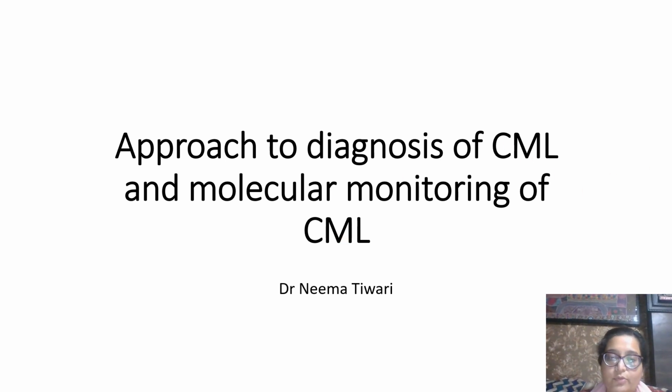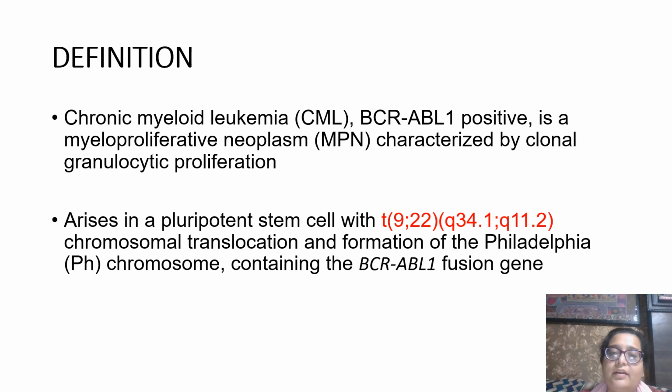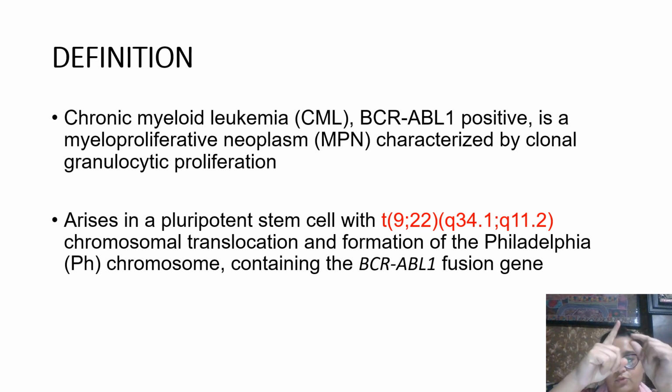So, not wasting much time, the molecular basis of CML is the BCR-ABL translocation, also known as translocation 9;22. This is a reciprocal translocation between two chromosomes, where one part of one chromosome replaces the other part of the other chromosome, occurring between chromosome 9 and chromosome 22.